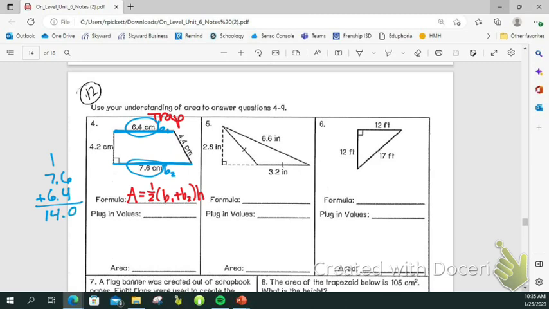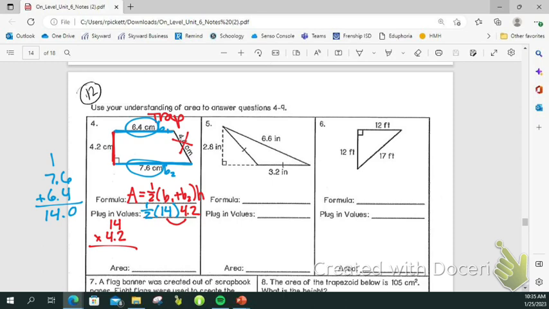So now we've got, there's a space right there to do it. We have 1/2 times 14, because those are base 1 plus base 2, times the height, which is 4.2. Remember, that slanted number is trashed. So now we can multiply 14 times 4.2.